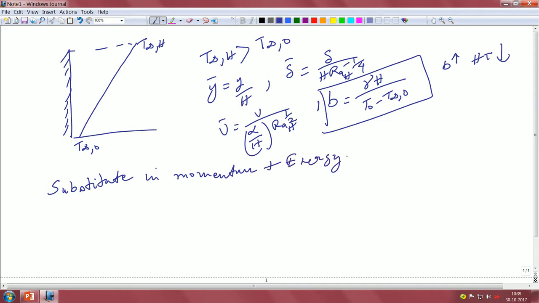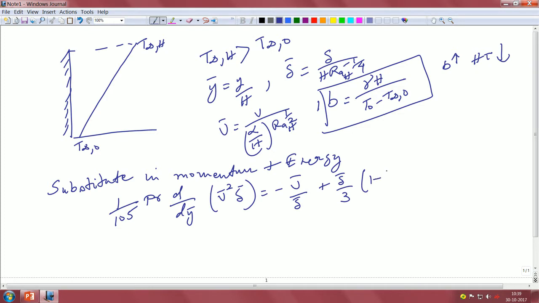In a nutshell, these are the expressions: this is the first expression, the momentum, then comes the energy equation.